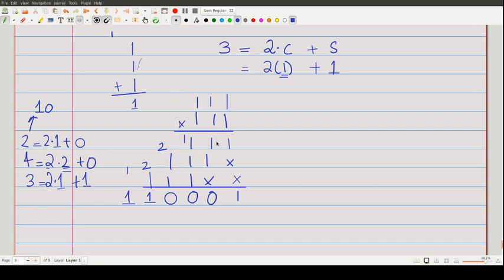So you had this number once, then shifted once, then shifted twice, add them all together, and this is the sum. Does that make sense? Okay. Cool.